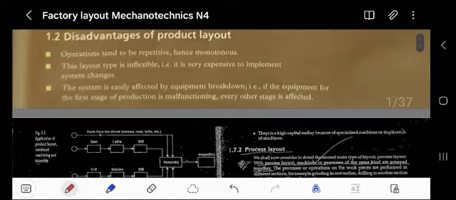Then here, guys, we have the disadvantages of the product layout. The operation tends to be repetitive, hence it is monotonous. This word monotonous means single, singular.